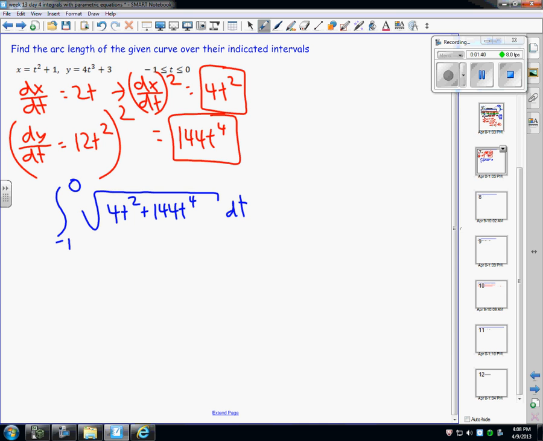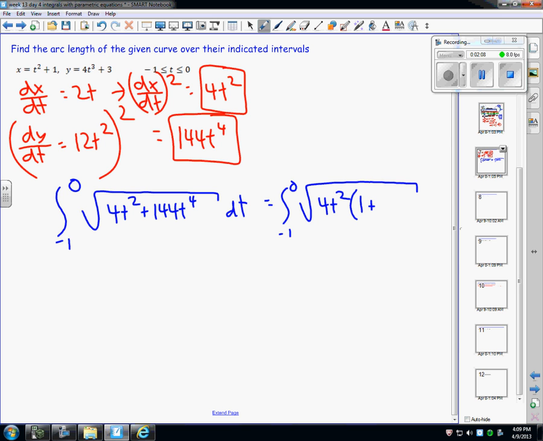And again, like I said all day today, the formulas are easy. It's can you figure out how to manipulate to solve them. For me right now, I'm going to try and simplify this by pulling some stuff out. So let me do it over here so I have some more room. I'm going to pull out, let's see, I have a t squared in common. And left out of that would be a 1 plus, how many 4's go into 144?